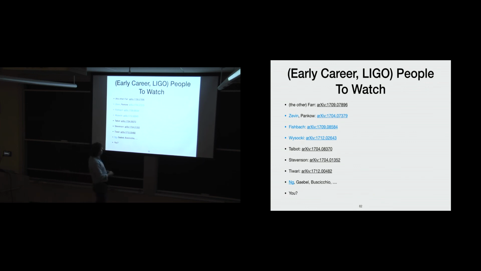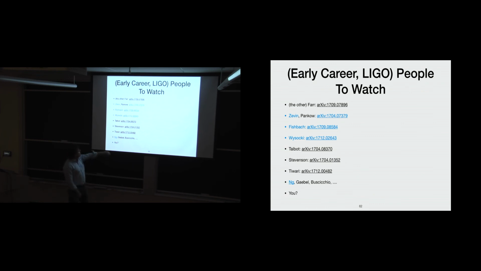Simon Stevenson is now a postdoc in Australia. He was involved in the spin work that I was telling you about and also does population synthesis. He's built a code for synthesizing the populations of these objects with various recipes for handling the interaction between binary stars.